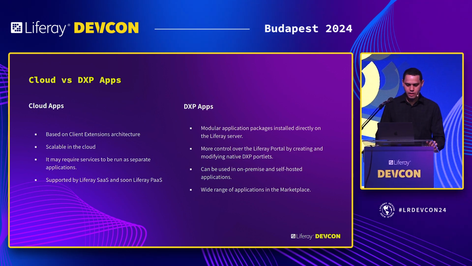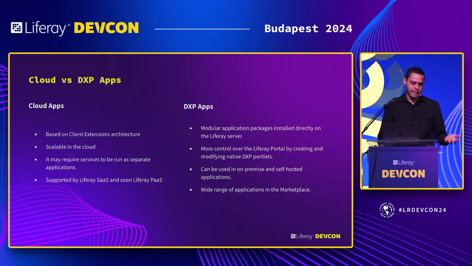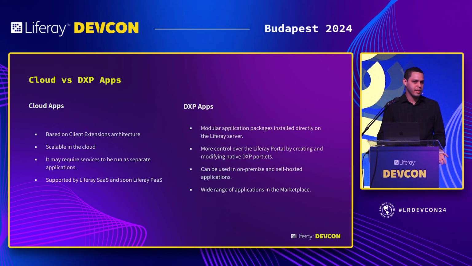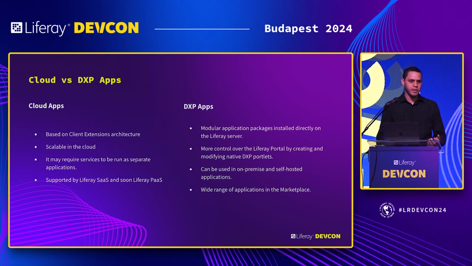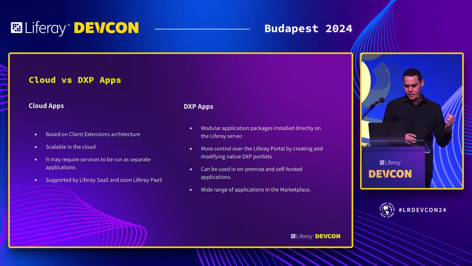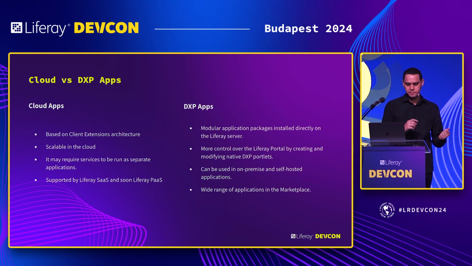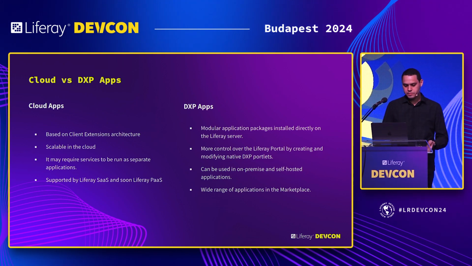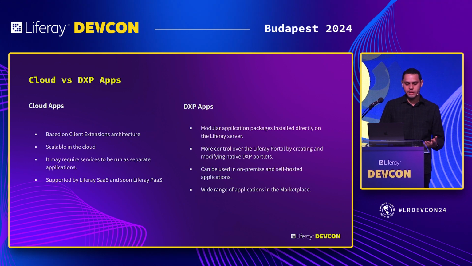Okay. So cloud apps are based on the client extension structure, and are already scalable by default in the cloud environment. So if you need more CPUs or RAM to run your custom element or your service, you can change that. Some services might require a separate application.